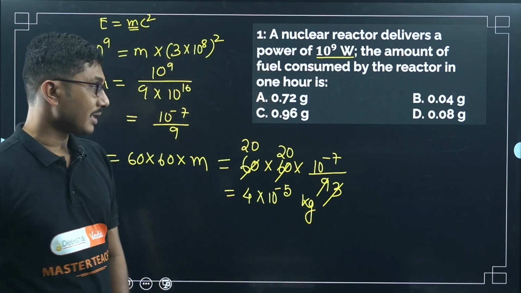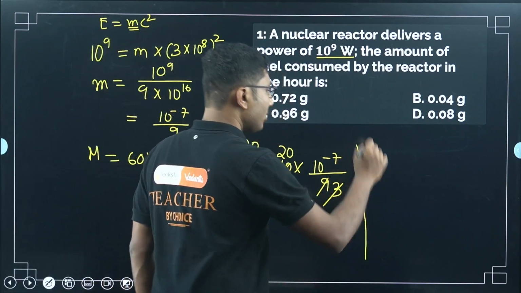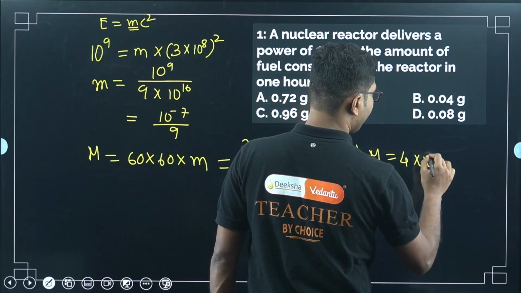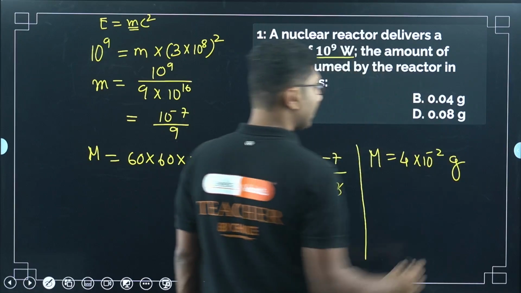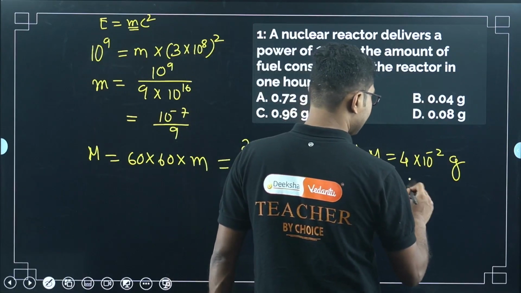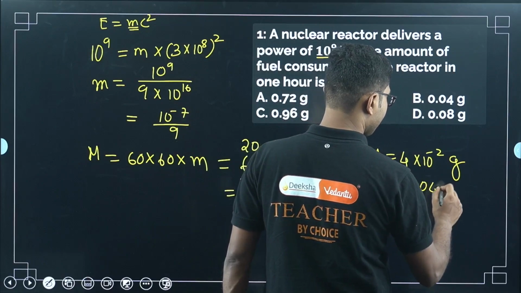4 times 10 to the power of minus 5 kilograms, or we can write this as 4 times 10 to the power of minus 2 grams, as it is reduced by minus 3, or 0.04 grams.